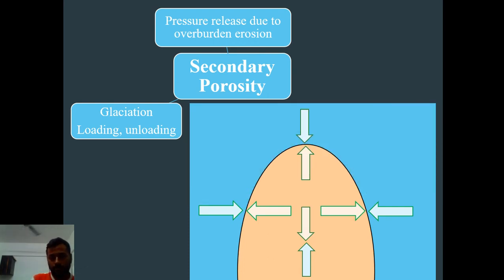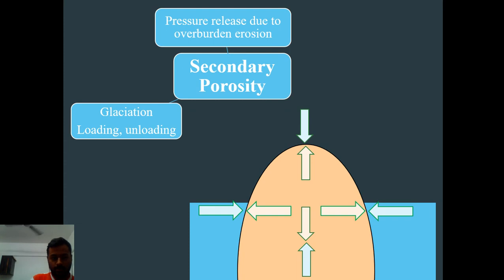But over time the overburden erodes away, or say a glacier is removed, so the top force will diminish to zero, or at least reduce in magnitude. The counterbalancing force is still acting, and it will expand the rock towards the sky.